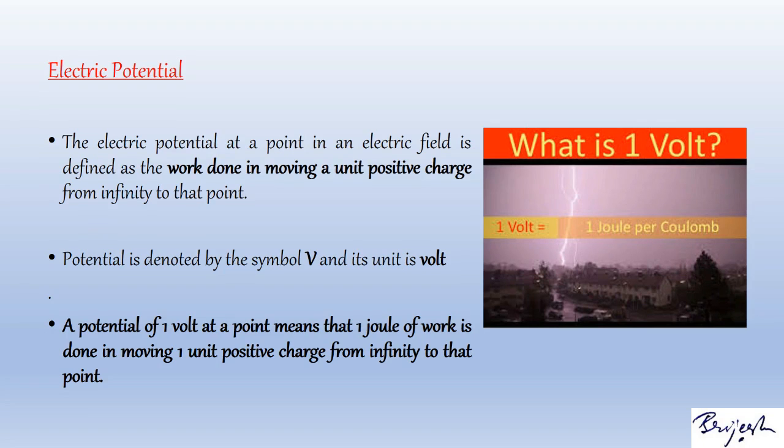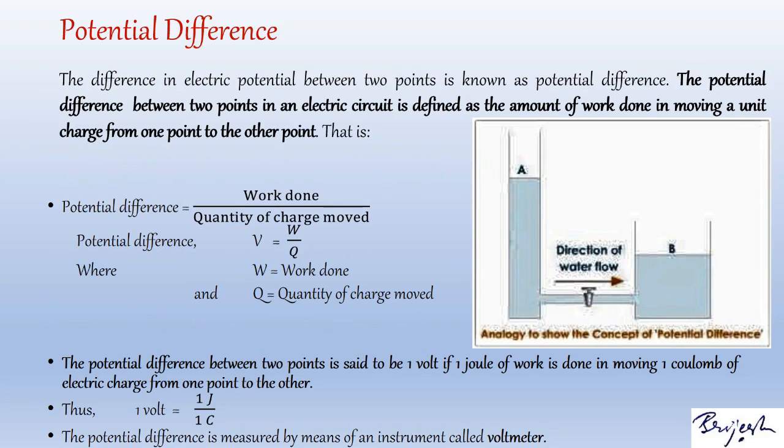Now, what is potential difference? The difference in electric potential between 2 points is known as potential difference. The potential difference between 2 points in an electric field or electric circuit is defined as the amount of work done in moving a unit charge from one point to the other point.